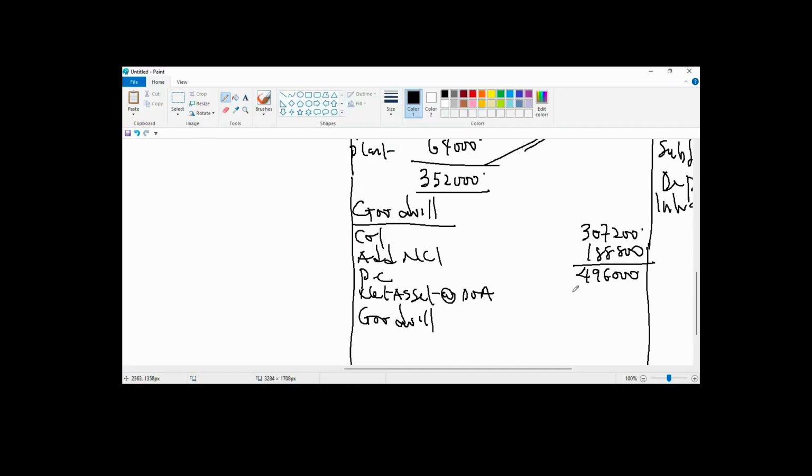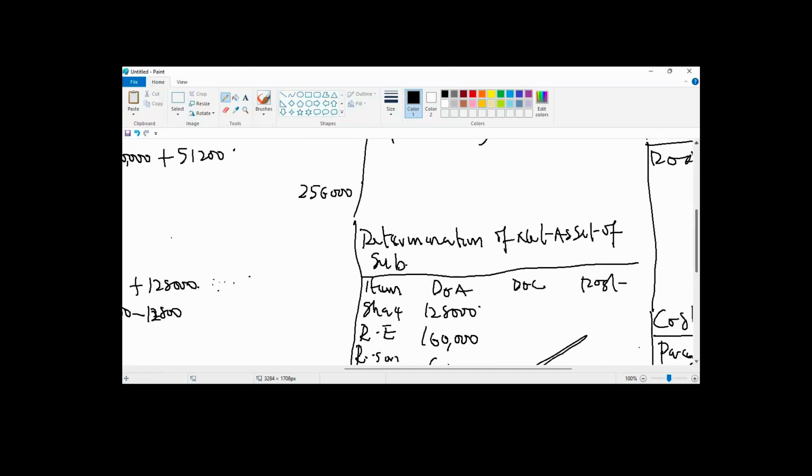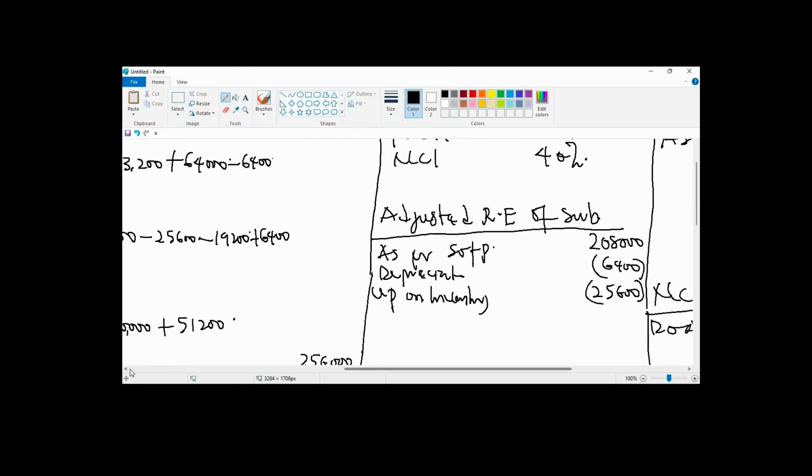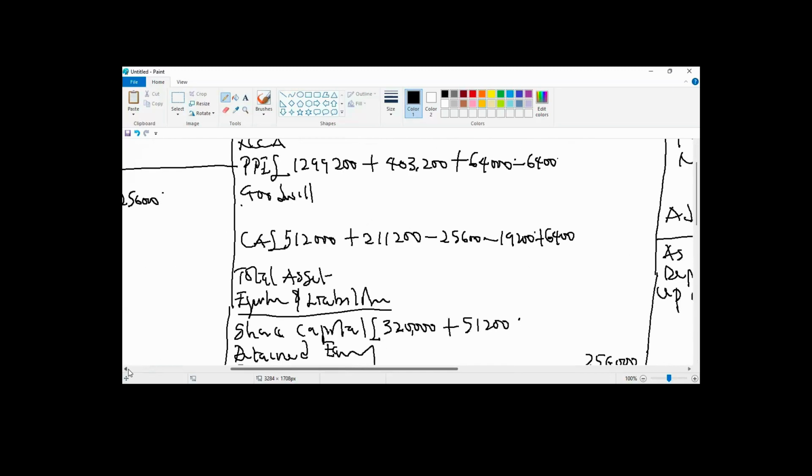I will now less the net assets, and it will still give me the goodwill. These are the two ways. The goodwill I will now report is 144,000.